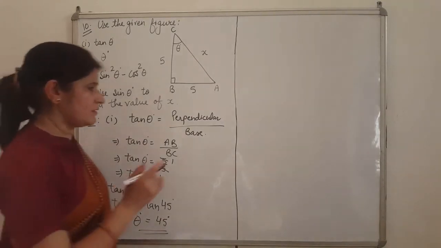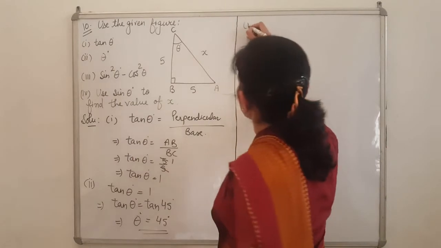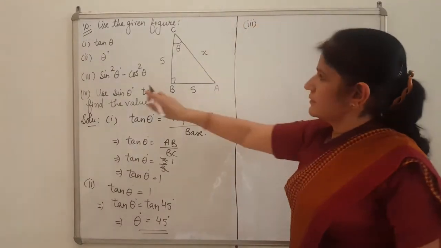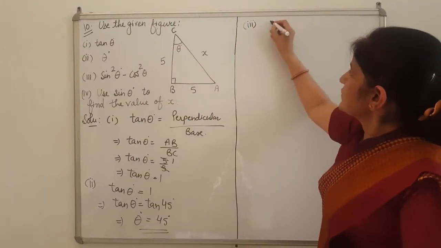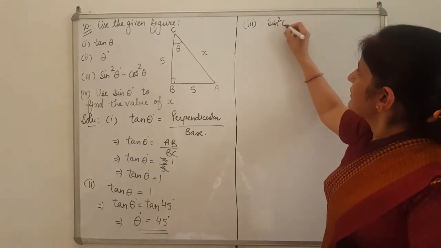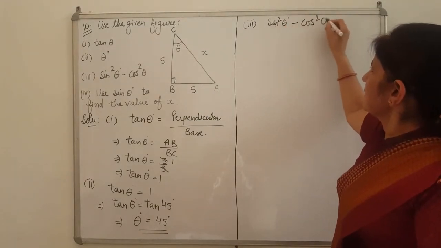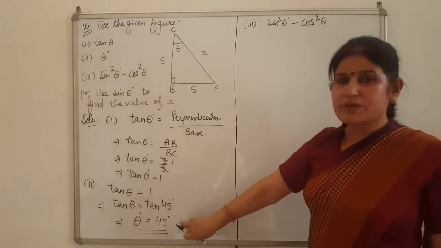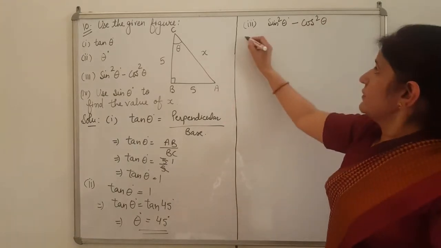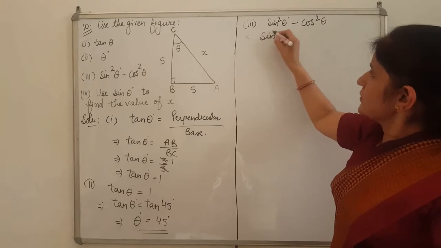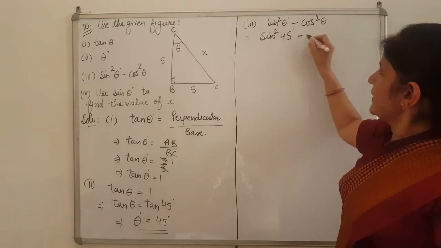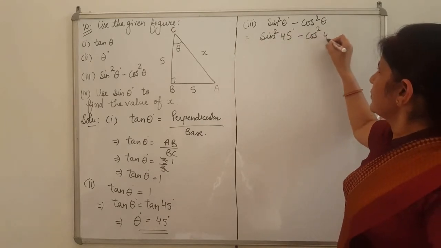Now in the third part, what do you have to find? Sin square theta minus cos square theta. Theta we will substitute as 45. So sin square 45 minus cos square 45.